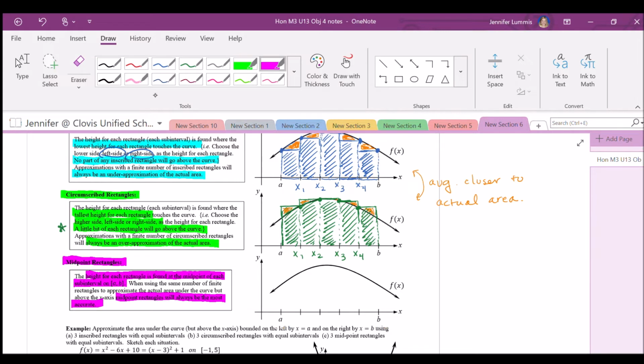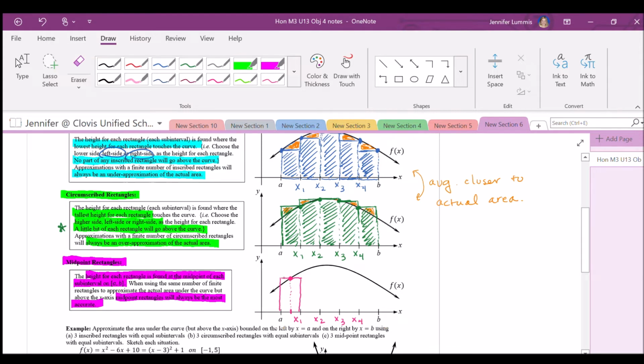So let's take a look at drawing our rectangles in here. From A to x1, we pick the point that is right in the middle. So at that x value, if I take that x value up to my curve, make a point, that is the height of the rectangle from A to x1.